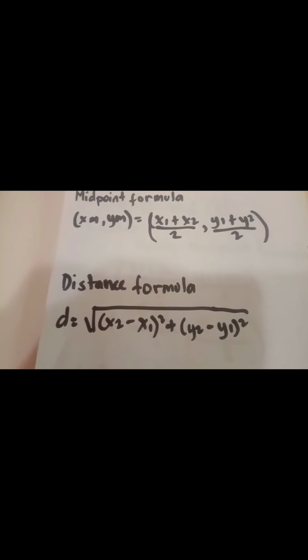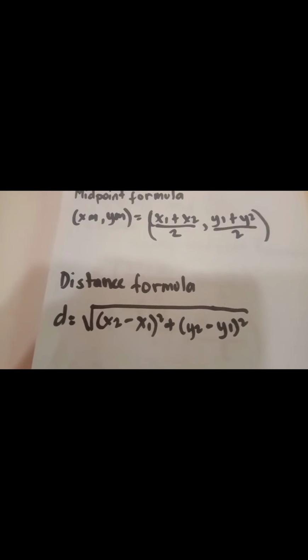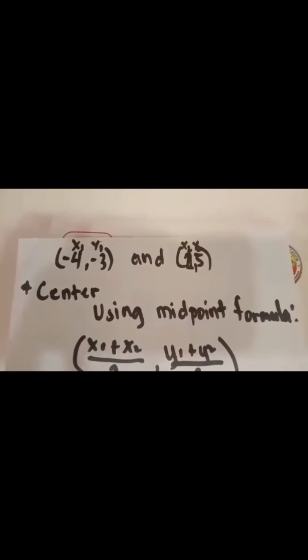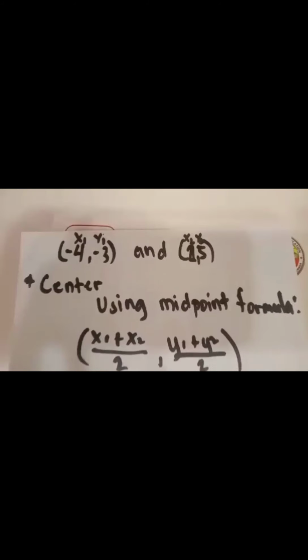So let's try to solve the given problem. To identify the center, we're going to substitute our two given endpoints in our midpoint formula. So yung first endpoint natin, which is -4 and -3, will serve as our x sub 1 and y sub 1.